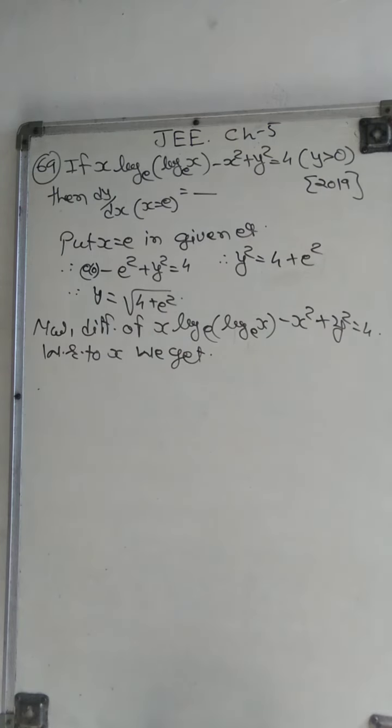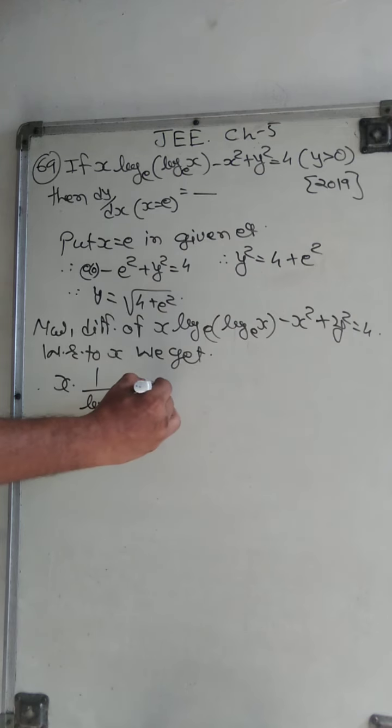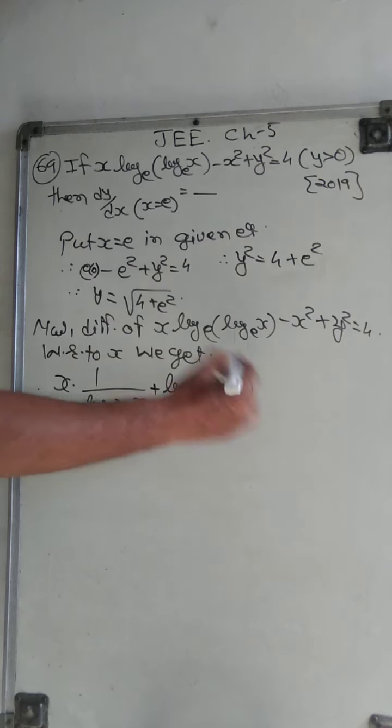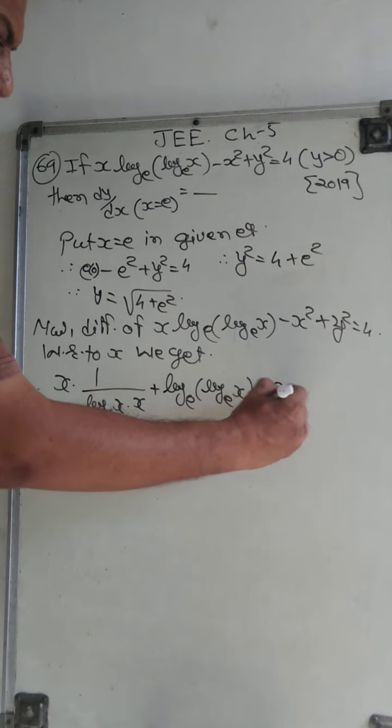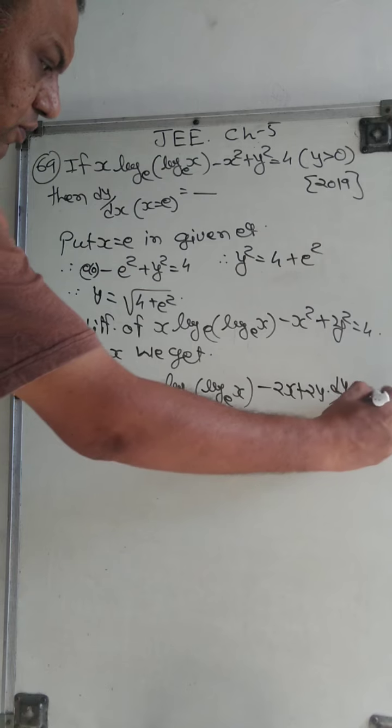Here we are applying the multiplicative law, that first as it is derivative of second, then it is log x to base e into x plus second as it is derivative of first is 1 minus 2x plus 2y into dy upon dx equal to 0.